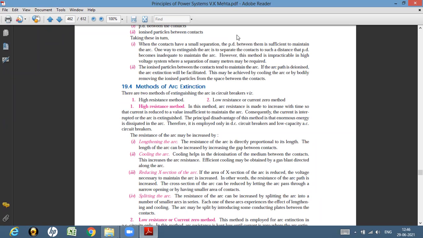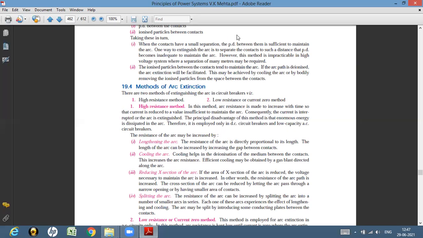Number two is cooling the arc. Cooling the arc means you can provide a certain natural cooling process or a forced cooling process. When an arc is generated between the two contacts, this arc will be extinguished or quenched with the help of some forced cooling method or some natural cooling method. So here we can use a blow of air, a blow of oil, a blow of gas, or a vacuum.